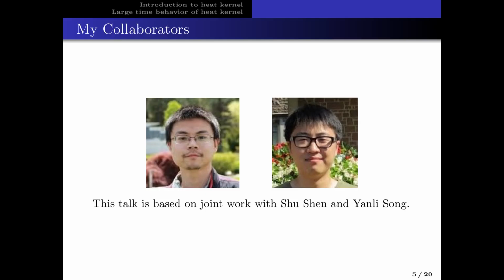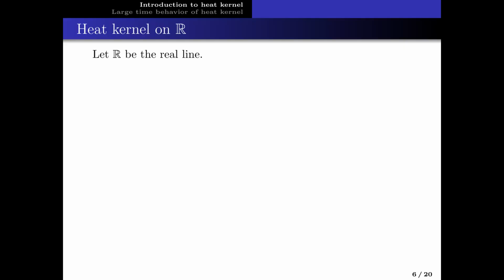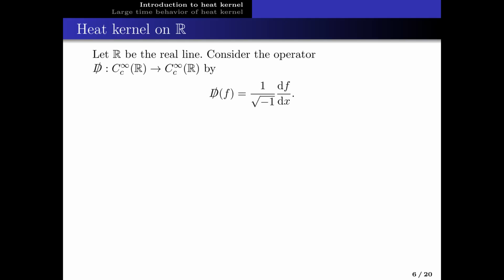Okay. Now let's go back to the familiar object, the real line and heat kernel. I hope everyone learned this in our undergraduate classes. Here we are interested in the real line. Taking advantage of the topics I've heard earlier today, we're looking at this operator we all learned from calculus class, the differentiation operator.